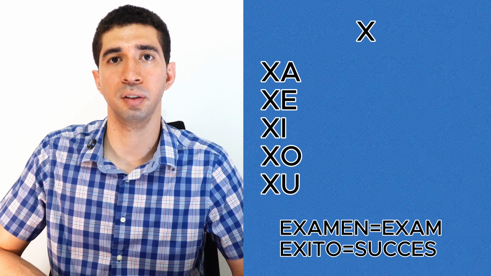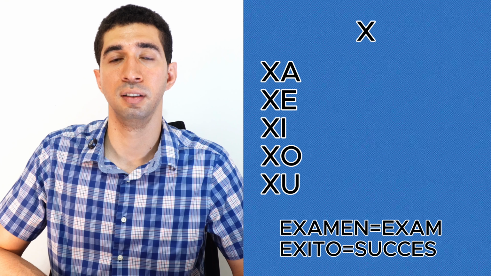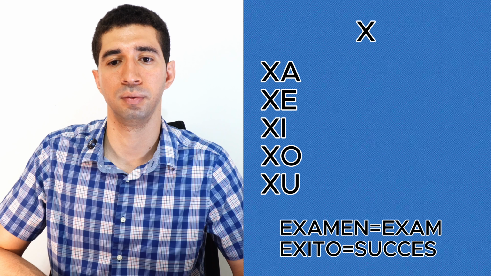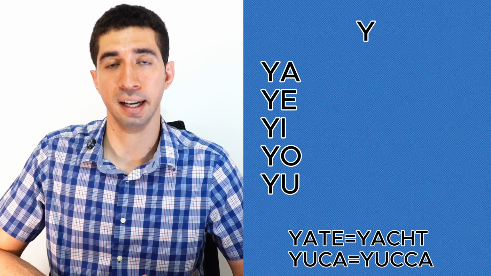For example, in the word examen, the sound is the same as when it starts, but as it is in the middle, we have to make this sound, like examen. Another word is éxito. Éxito.